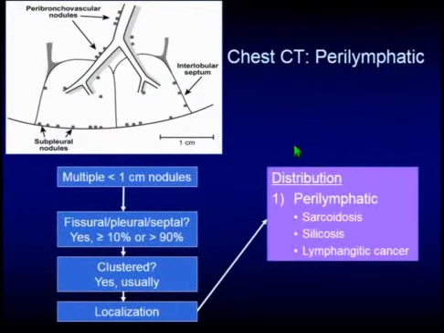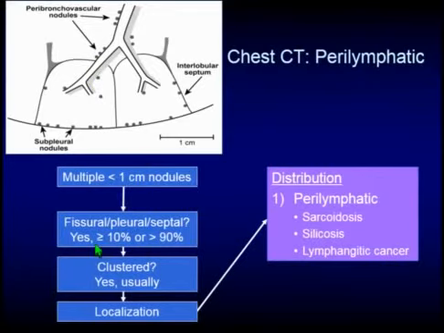So let's look at the perilymphatic pattern. Up here you see a diagram. Again, we see the secondary pulmonary lobule, the subtending lobular bronchus, and the artery. First of all, you notice that these nodules are small and very dense with sharp margins. Next, they're involving all these lymphatic structures that we talked about: the septa, the pleura, the peri-bronchovascular lymphatics.